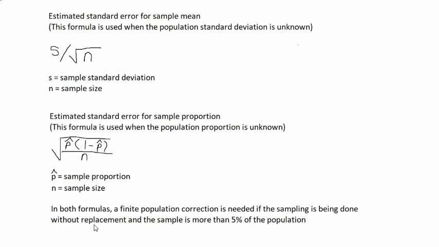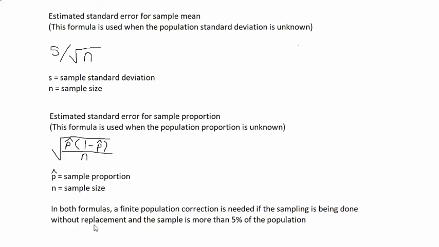The person is basically replaced back into the population, and that person could now be chosen a second time. And if that person is chosen a second time, once again, that person would be replaced back into the population, and the person could be selected a third time. So if you're sampling with replacement, a person could be selected any number of times.